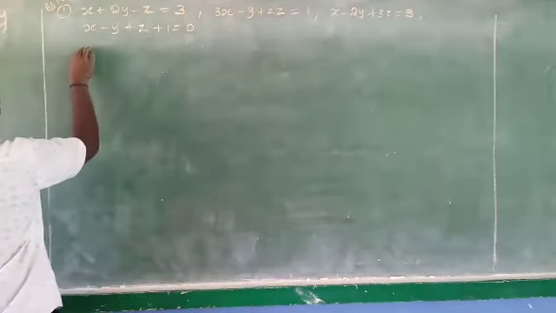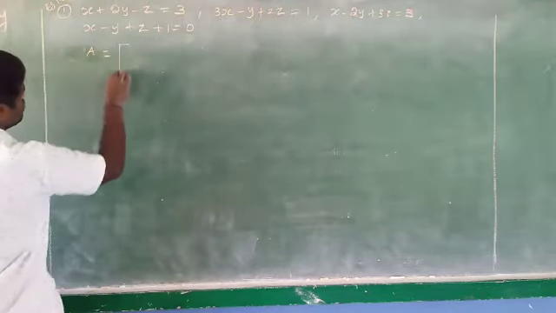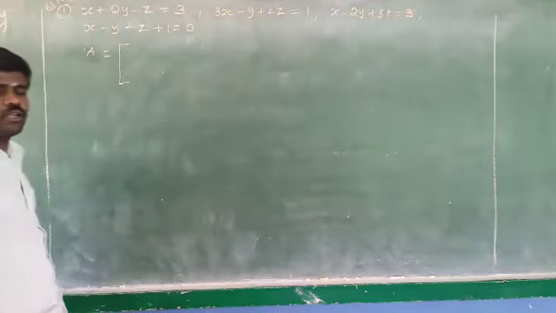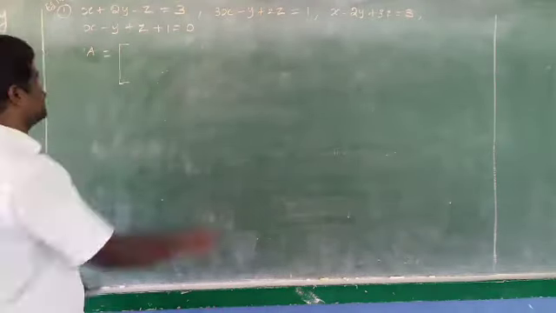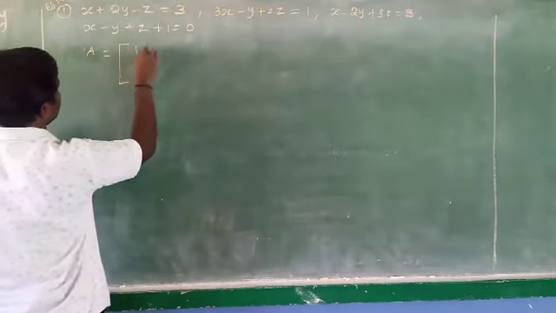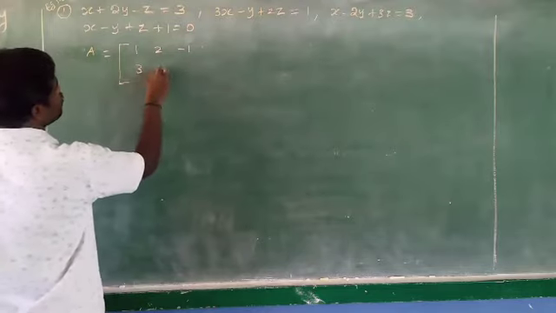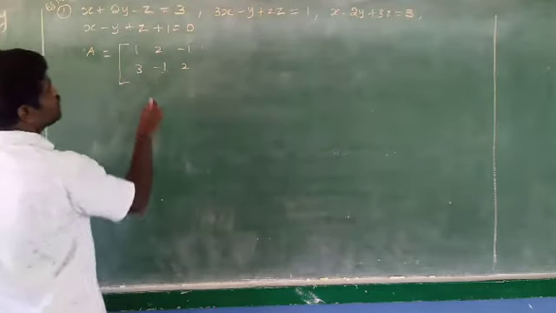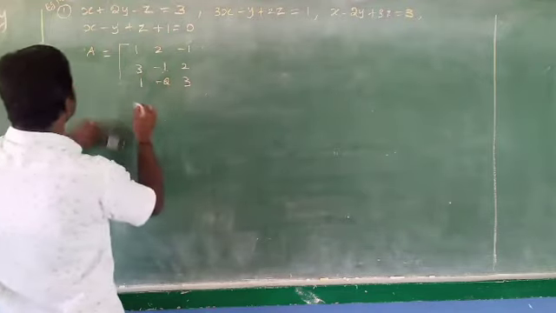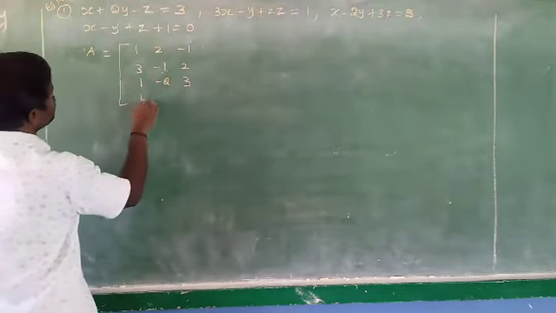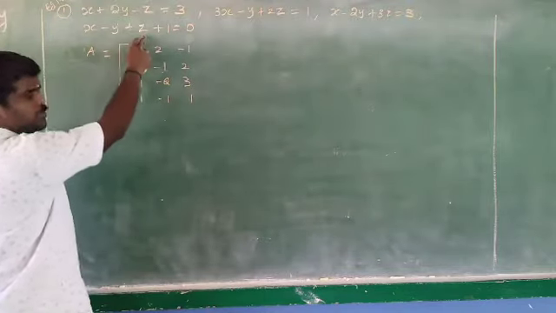First we write the A matrix. The x coefficients, y coefficients and z coefficients are combined in the A matrix. Rows: 1, 2, minus 1; 3, minus 1, 2; 1, minus 2, 3; and 1, minus 1, 1.